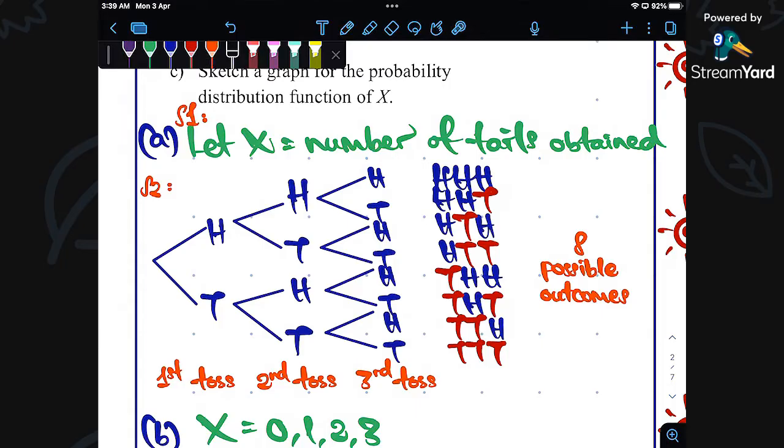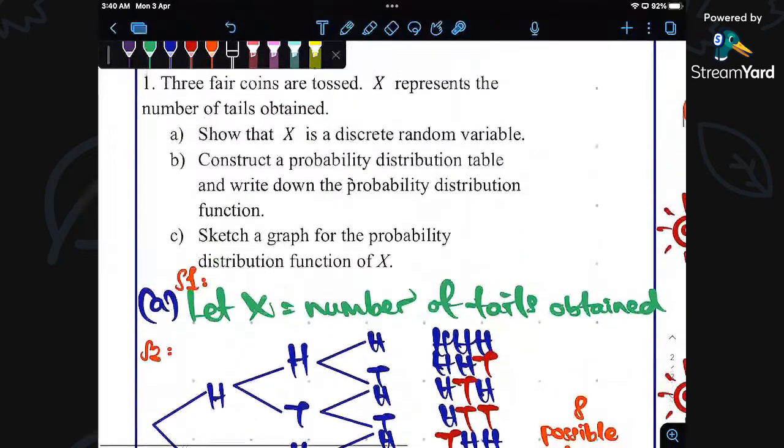But this one, I just want to know how many outcomes will happen when you toss the coins. So this is not the first toss, second toss, or third toss. This is actually the first coin, and we have the second coin and third coin, because the question said there are 3 coins.